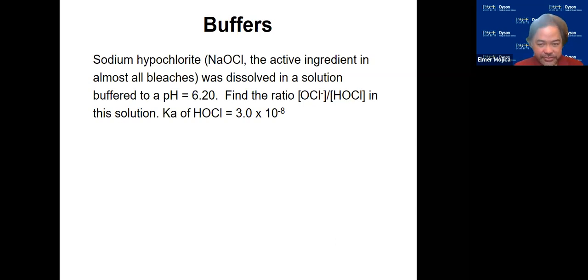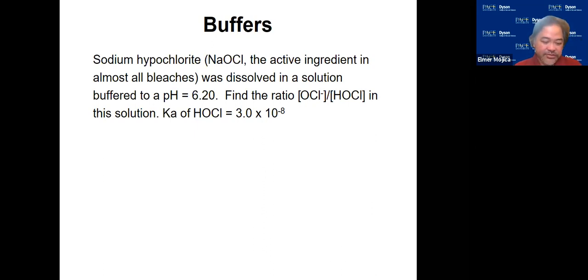Find the ratio of the hypochlorite over hypochlorous acid in this solution, given the Ka of hypochlorous acid as 3.0 times 10 to the negative 8.